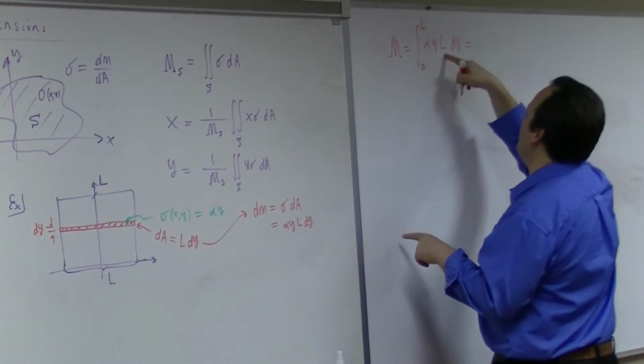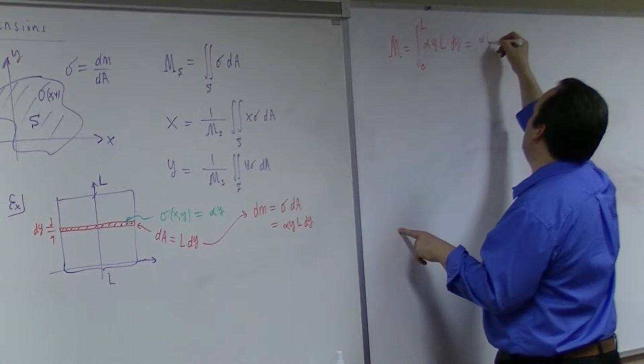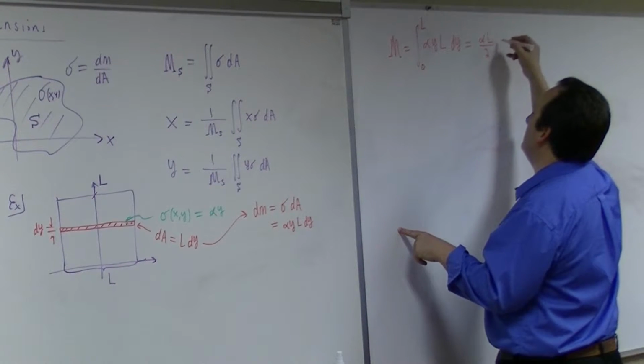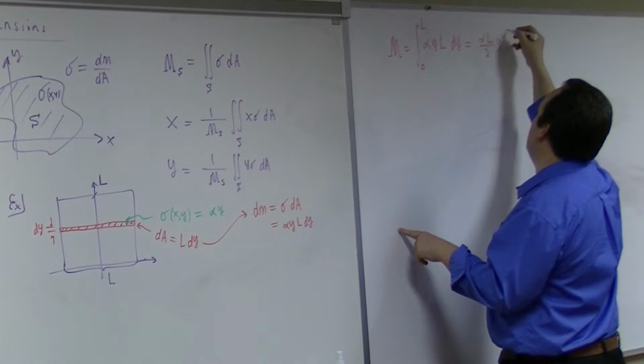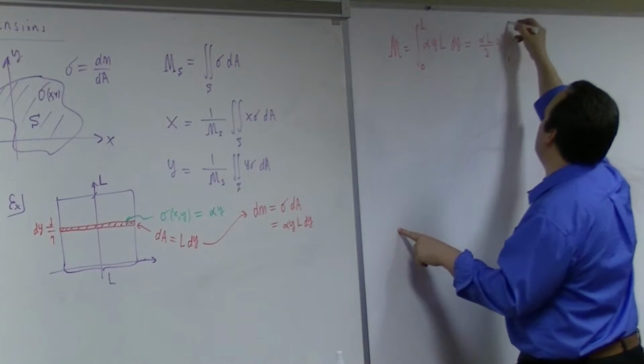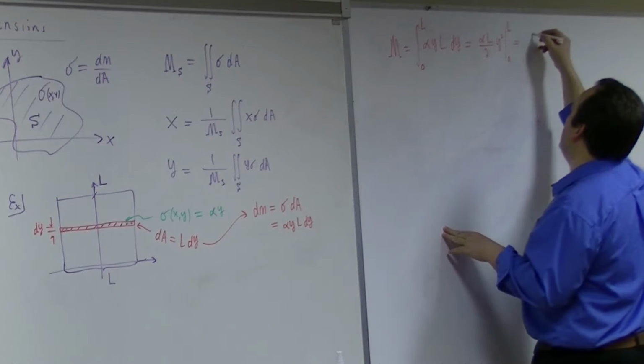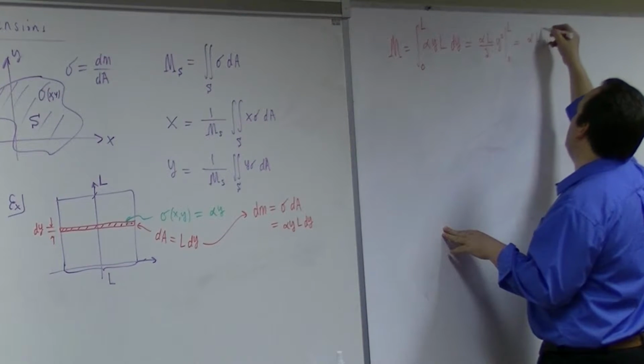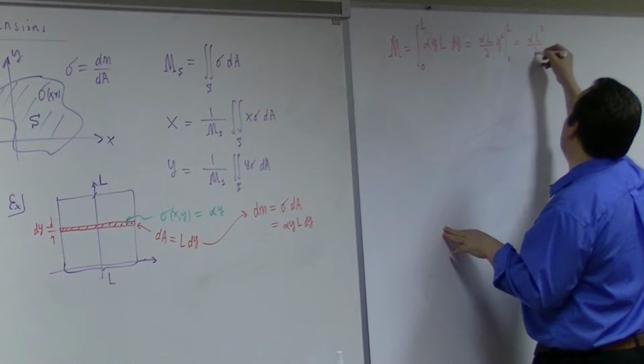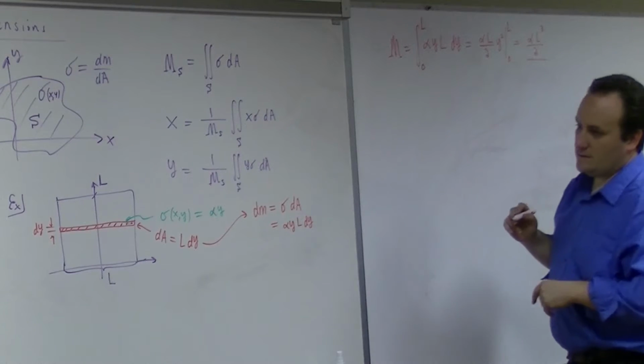Of course, the alpha and the L are constants, so I have alpha L over 2 y squared evaluated from 0 to L. Of course, we get alpha L cubed over 2. There goes total mass.